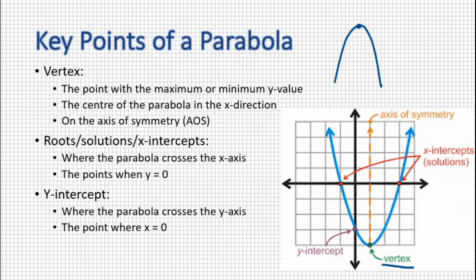The x-intercepts have a lot of different names, and this gets confusing for people. They're just where the parabola crosses the x-axis. It can do that twice. It can do it once if the vertex is on the x-axis, or sometimes you just have a parabola that never makes it to the x-axis, and that's fine too.